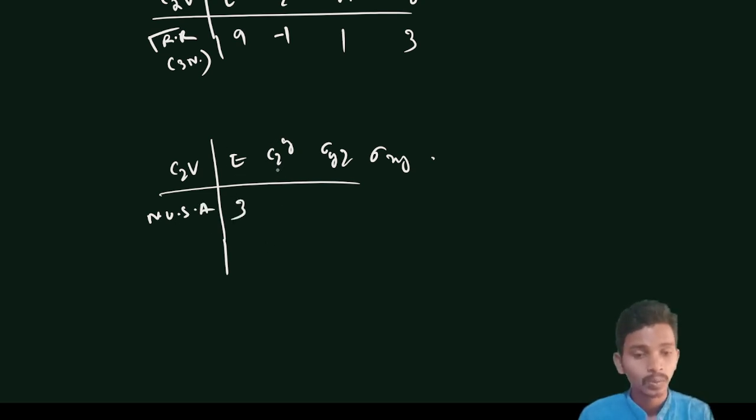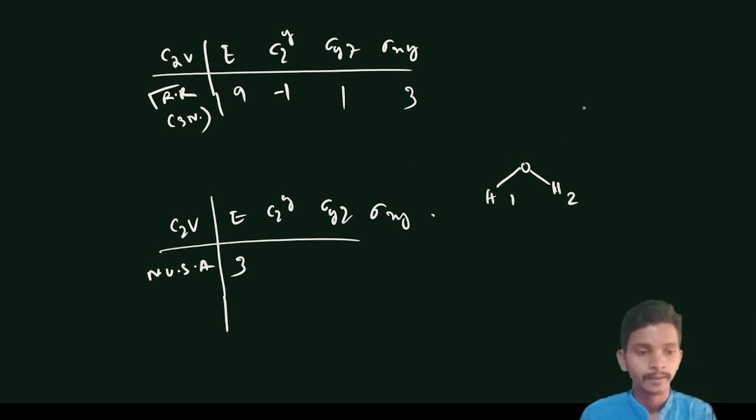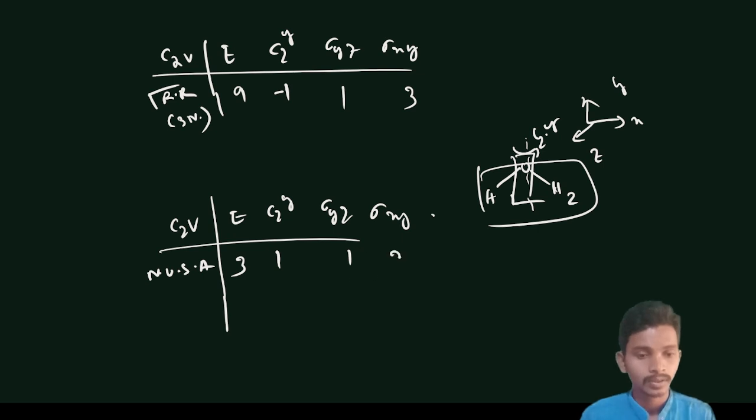For C2(y), if you do that to the water molecule, H1, H2, and this is X, Y, and Z. So if I am applying C2(y), then the number of unshifted atoms is 1. This oxygen will not shift, so 1. And for sigma YZ, if I apply like this, then only 1 will not shift, and for this molecular plane, 3 will not shift, so 3.